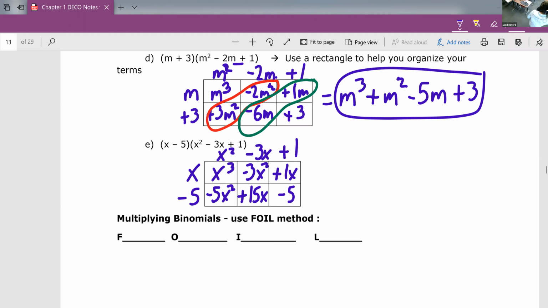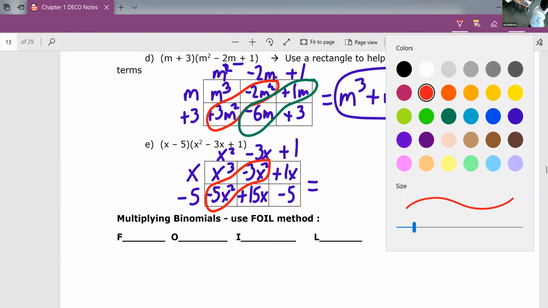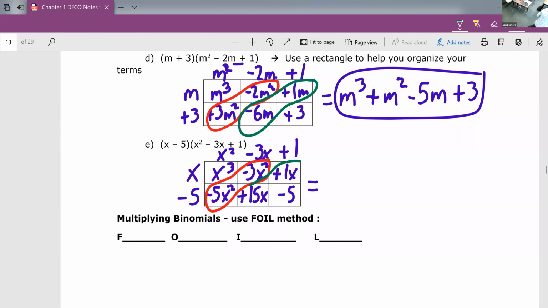Okay, did you get your boxes right? So we've got the pattern down on how to fill that in. If we looked for like terms, you should have found these two were like terms, and these two were like terms. So when you pulled it out, it was x cubed.